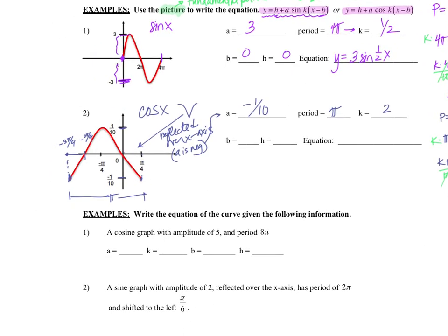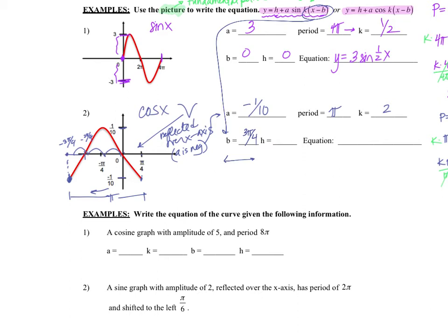Okay, B. Did I shift this thing left or right? Yes, I did. Okay, so usually my cosine graph starts right here at that point. So it actually moves to the left 1, 2, 3 pi over 4s. Now, in my equation, the B value is always subtracted.